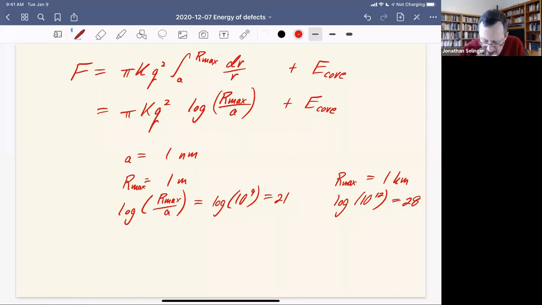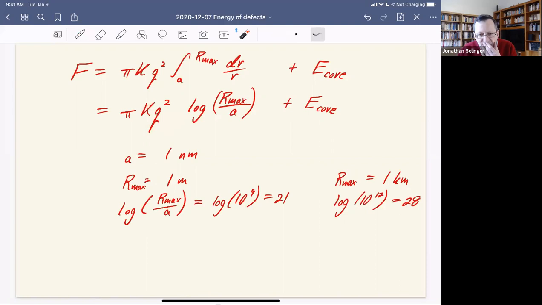So here then is an expression for the energy of a defect. What can we see about it? For one thing, there's this dependence on system size. For another thing, there's a dependence on the topological charge of the defect.